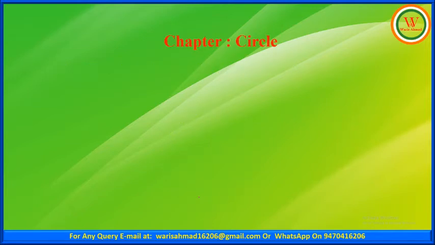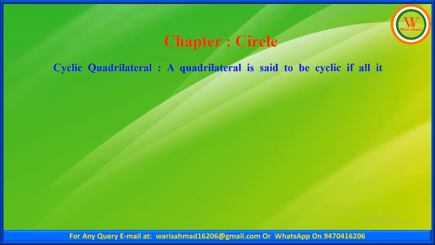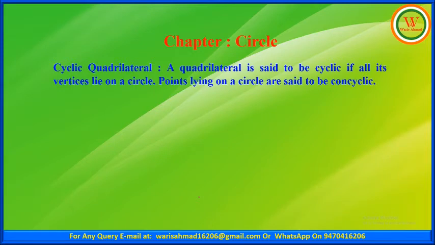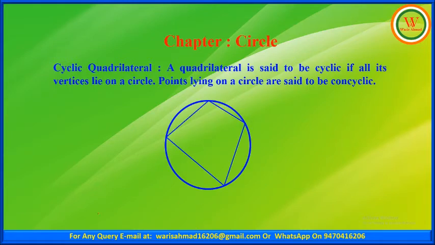Now let us see the next topic, cyclic quadrilateral. A quadrilateral is said to be cyclic if all its vertices lie on a circle. Points lying on a circle are said to be concyclic. So let us consider a circle, and here we are having a quadrilateral.